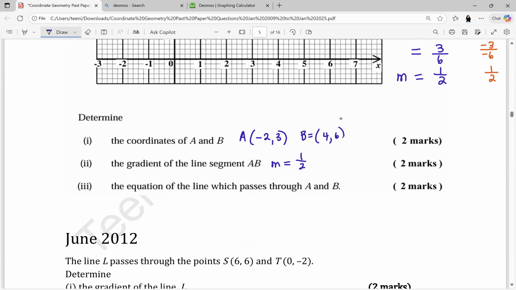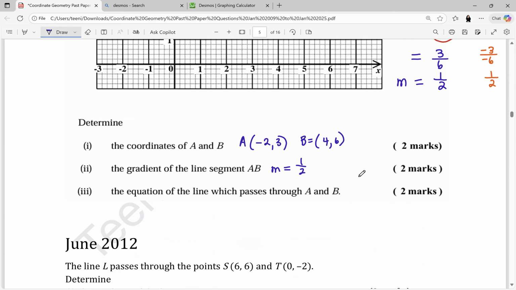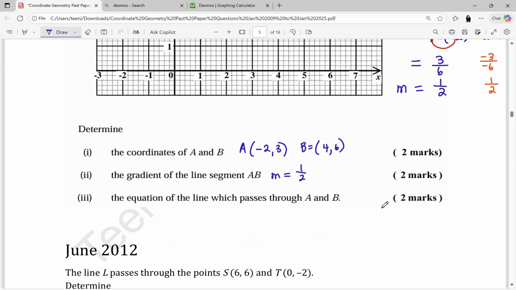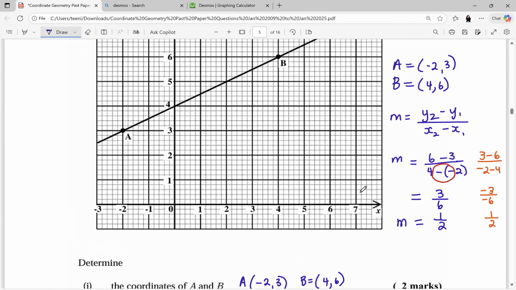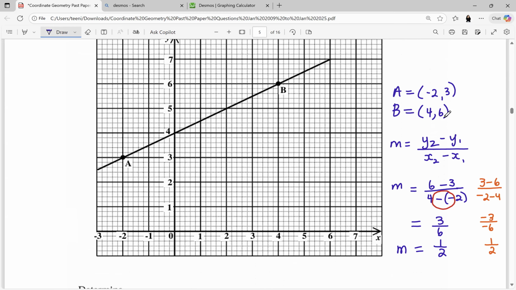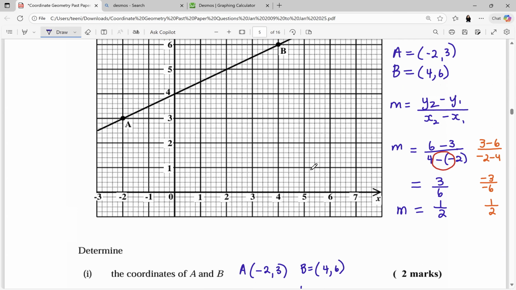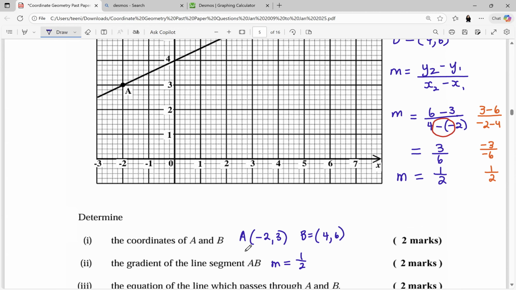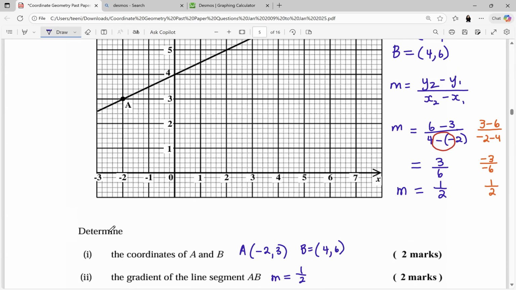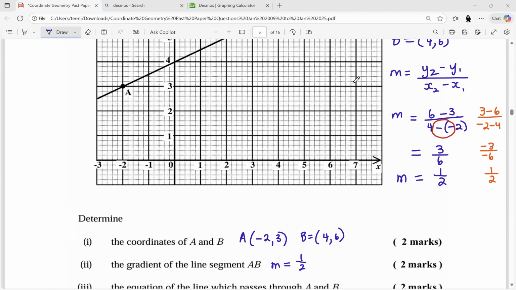So now the final part of the question for 2 marks is to determine the equation of the line which passes through AB. To determine the equation of the line, you simply take one of those points and the gradient, and you can either substitute it into y is equal to mx plus c, or into y minus y1 is equal to m times x minus x1, right?